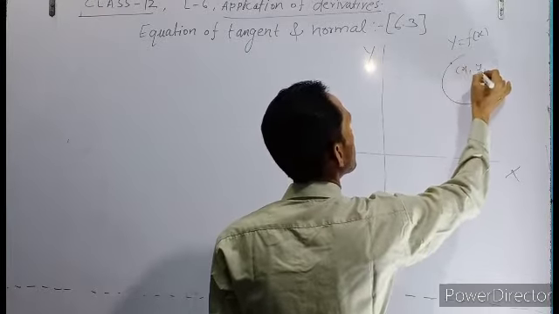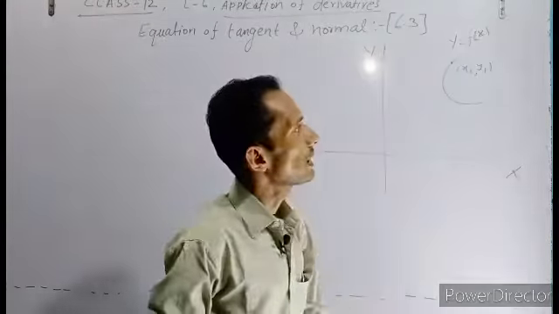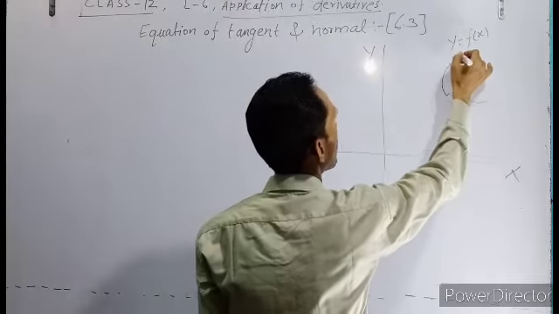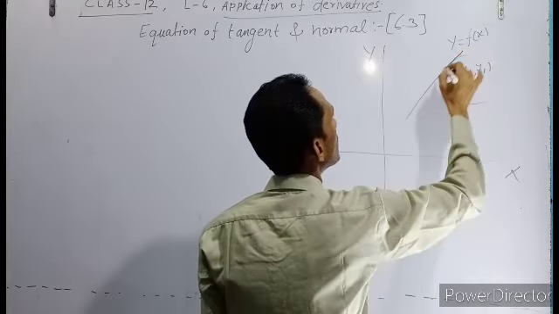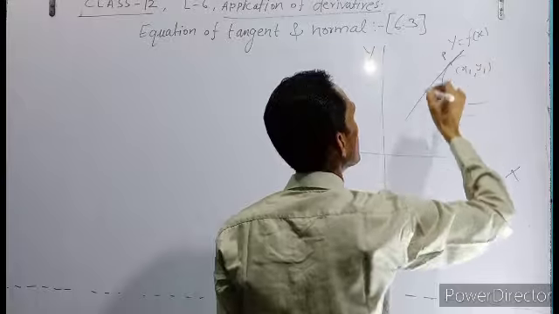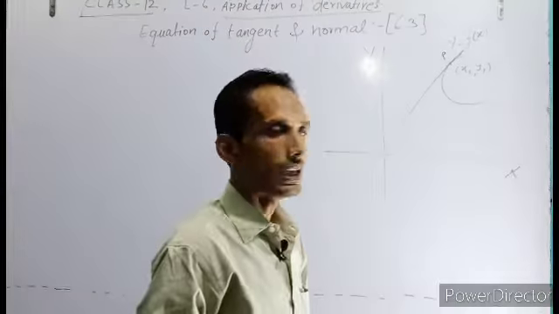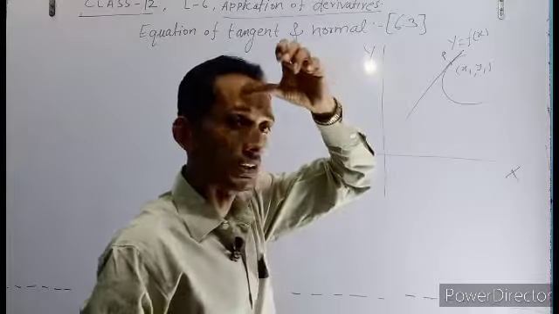We have to draw a line which touches the curve at that particular point; that is called the tangent of the given curve. This is the point P, the given point, and we have to find the equation of the tangent.